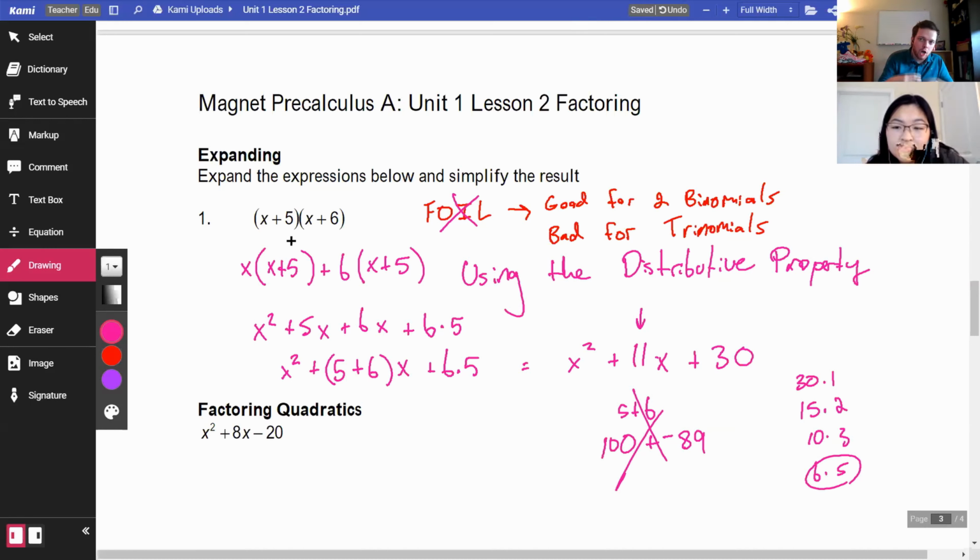This is a long-winded discussion on why we do this strategy that many of you may already know. Many of you may look at x squared plus 8x minus 20 and have a routine in your head, but we want to make sure that you know why that is the routine that you're doing. That's the goal this year, to know why we do certain routines.